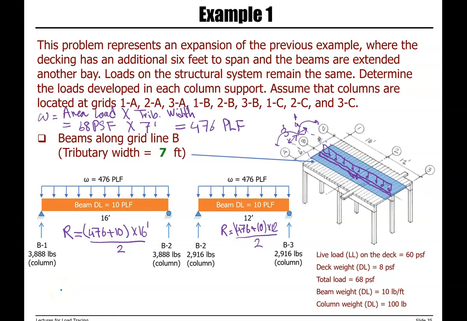Beam B. Beams along grid line B are supported by 3 columns. Column B1, column B2, and column B3. The same load, in the opposite direction, is transferred to column B1. Same thing here.